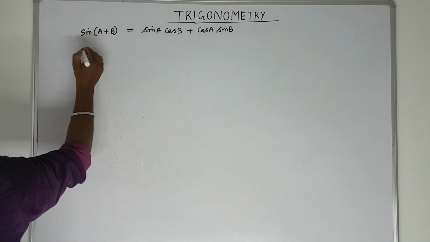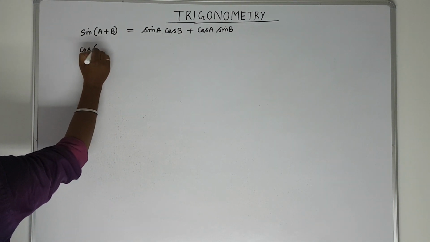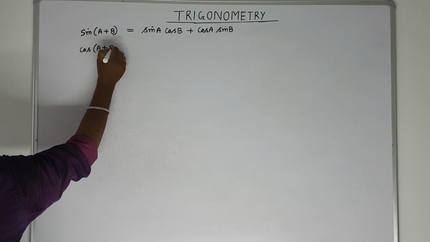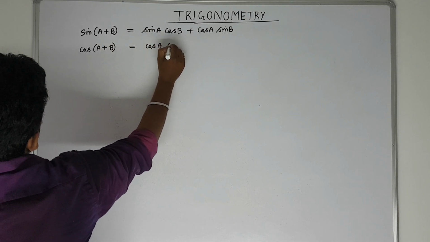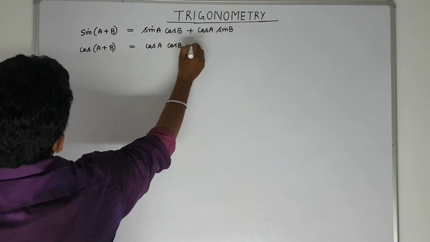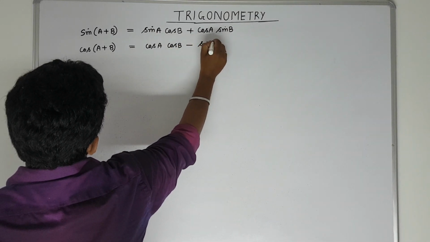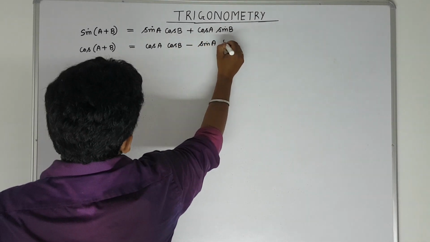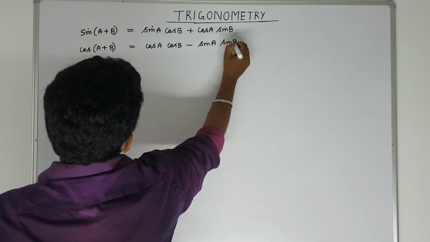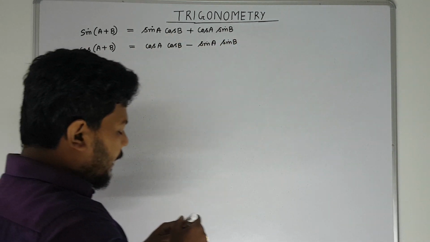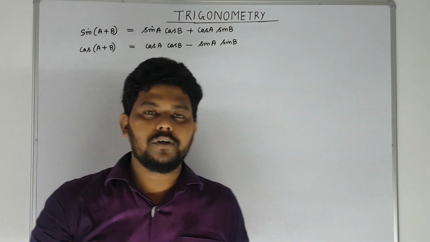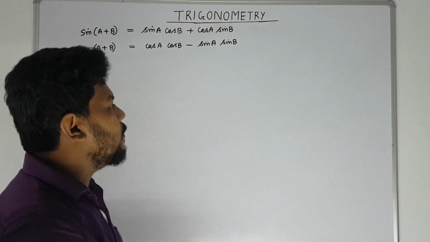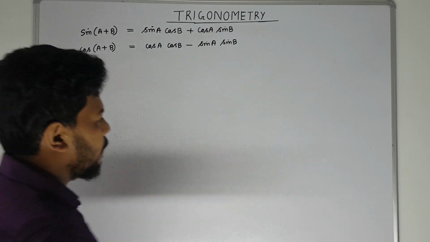And the second formula is cos of a plus b is equal to cos a into cos b minus sin a into sin b. This formula can be proved using geometry or using coordinate geometry. Okay, so we will use geometry here.